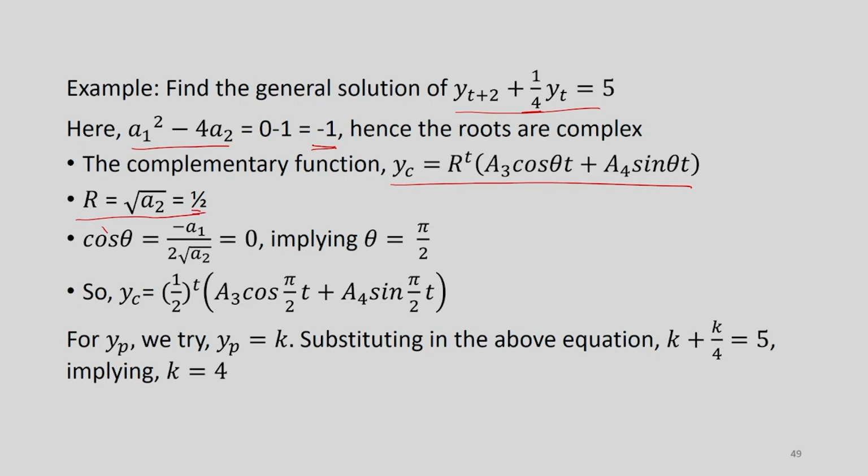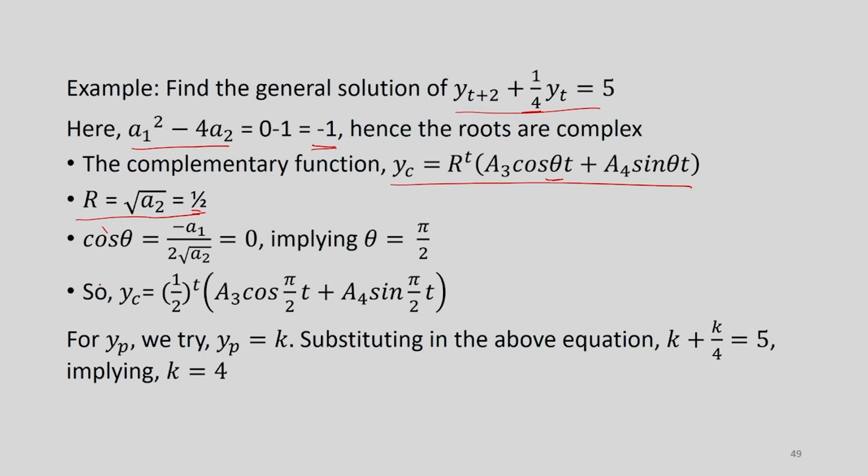We want to find out theta also, for cos theta t and sin theta t. So, cos theta is given by minus a1 divided by 2 root over a2. And what is a1? a1 is 0, because there is no yt+1 term here. So, the coefficient of yt+1 is 0, therefore a1 is 0.